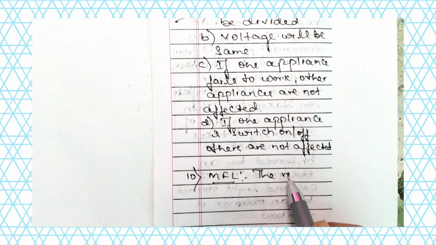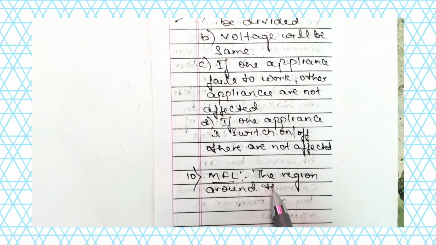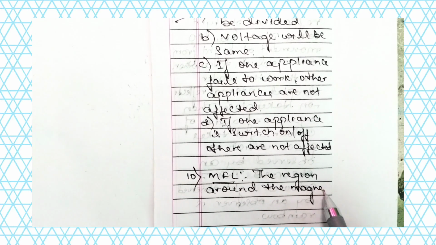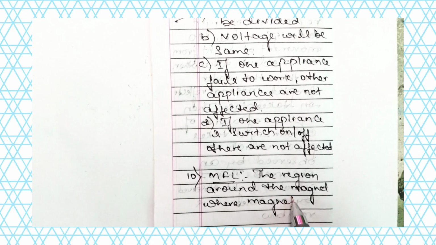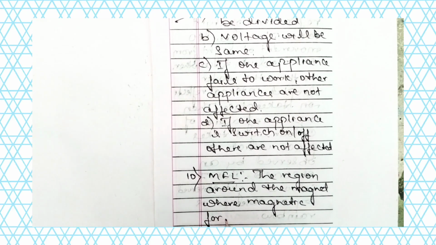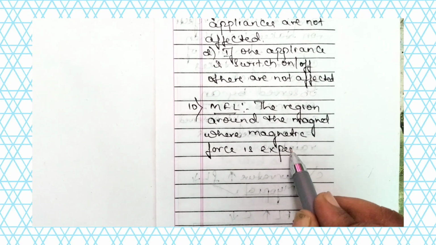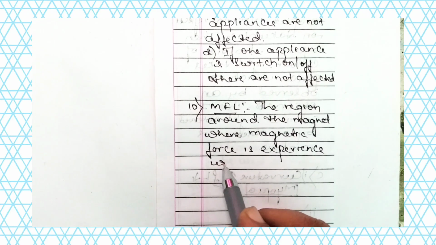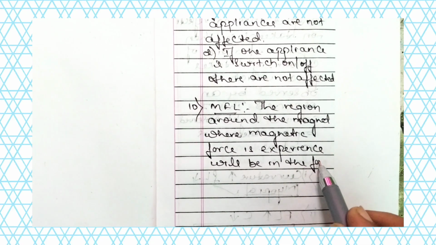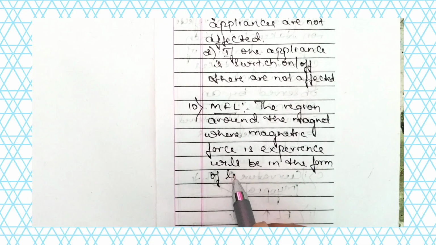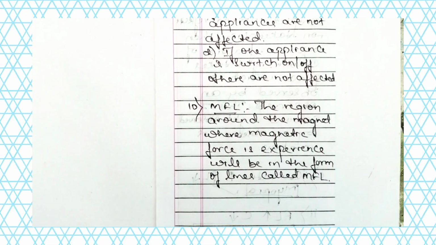The region around the magnet where magnetic force is experienced will be in the form of lines called magnetic field lines.